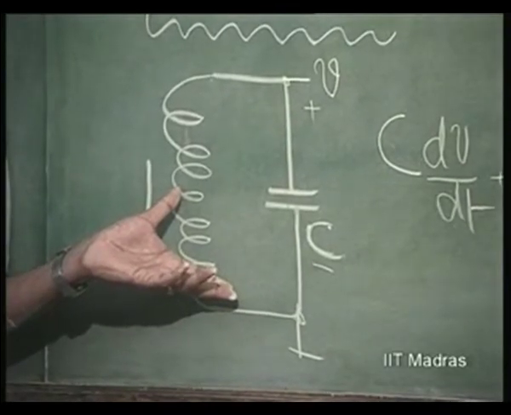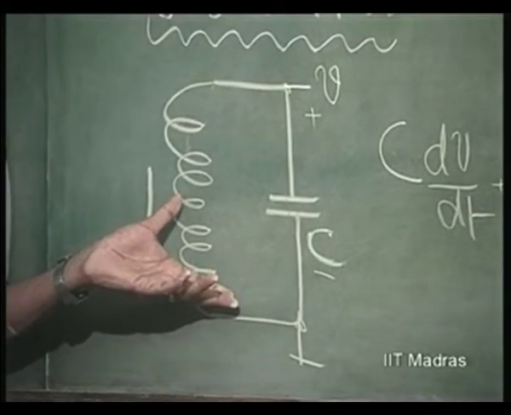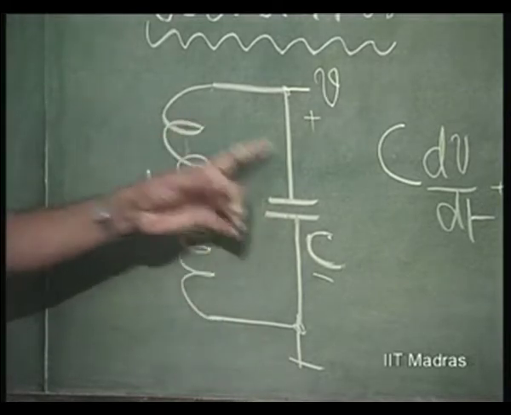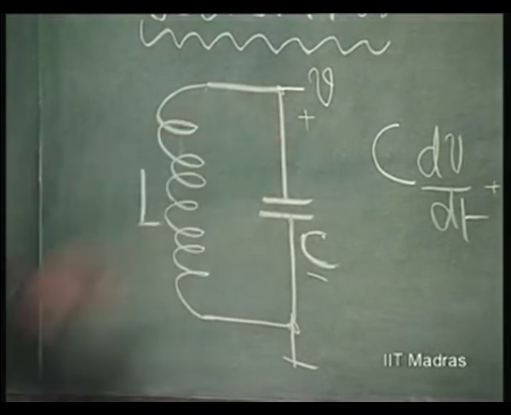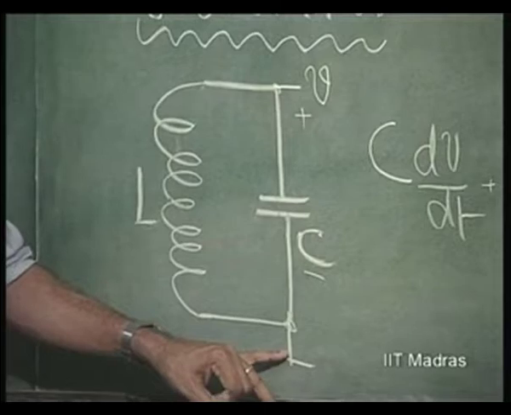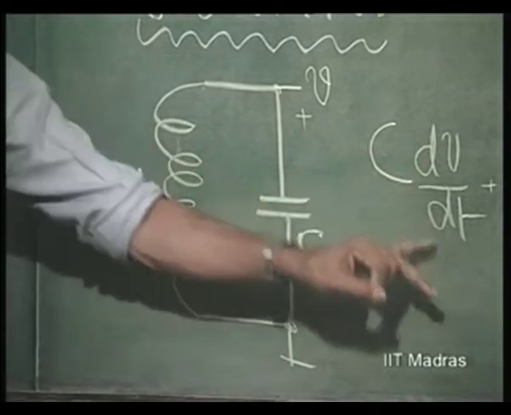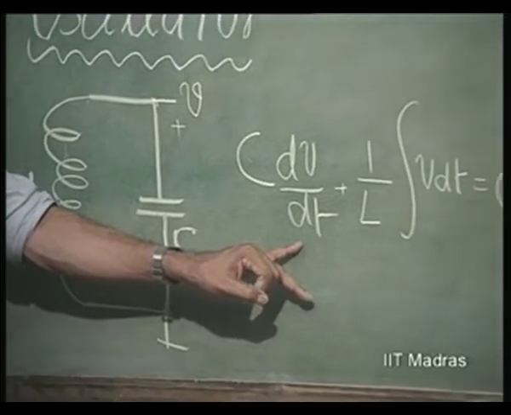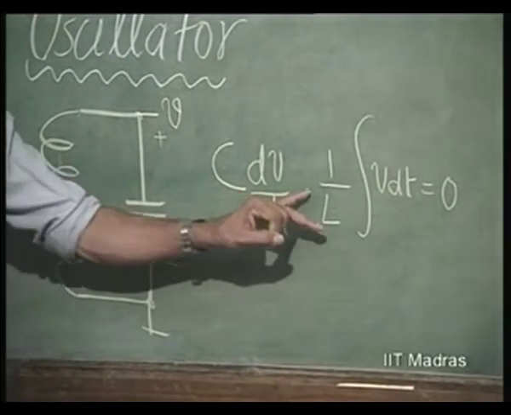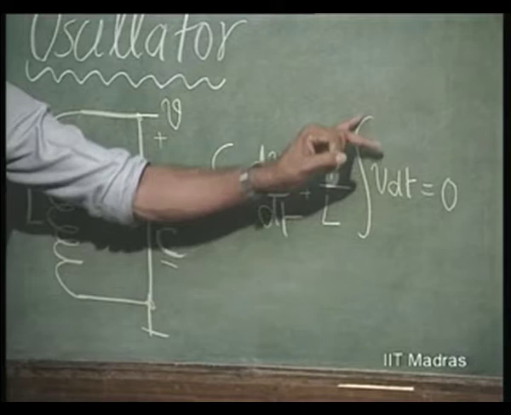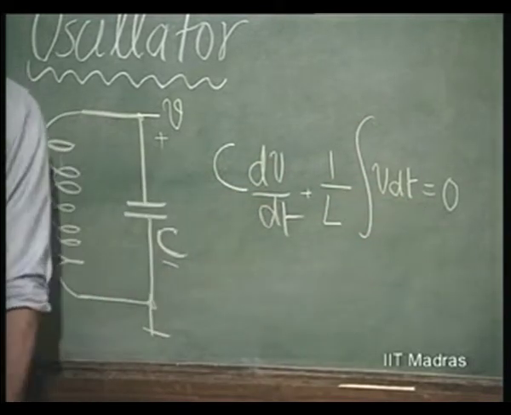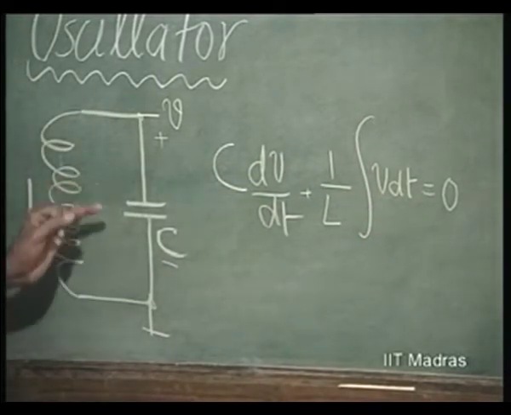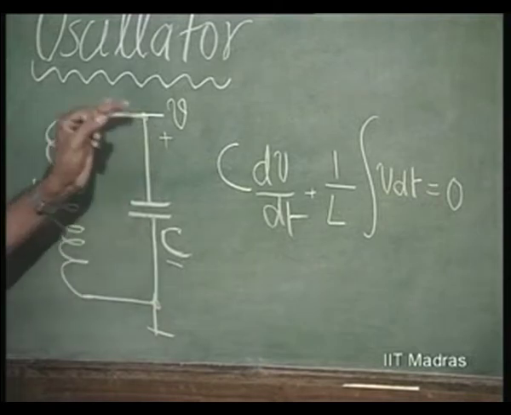How do we obtain this solution? It is very simple. If L and C are connected like this and V is the node voltage here, then C dV by dt is the current in the circuit, which is also the same as 1 over L integral V dt. So, current entering and current leaving.